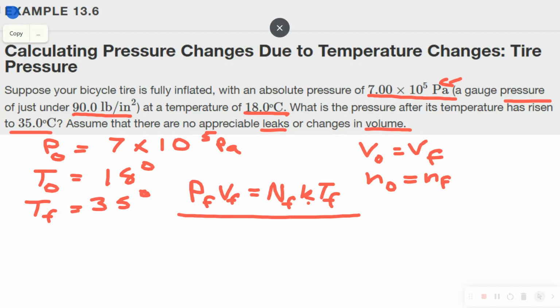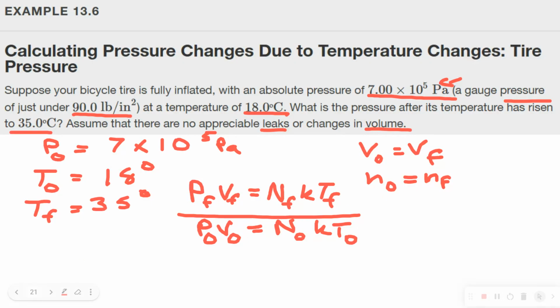And also, I'm going to have the relationship between the initial pressure and the initial volume, and that is equal to N_O K T_O.